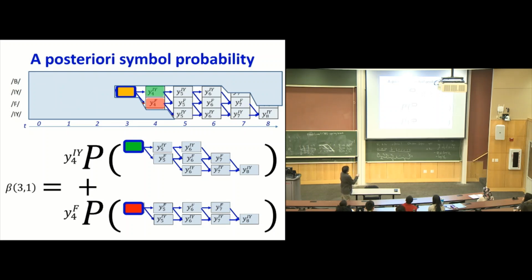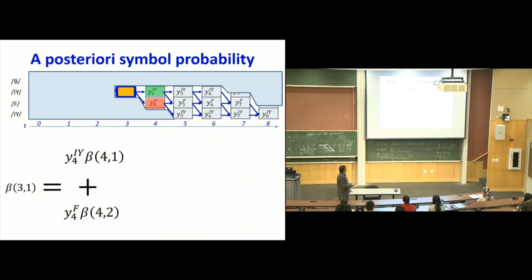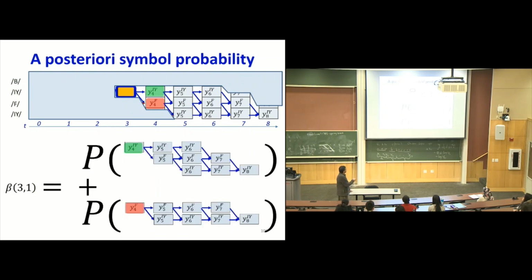I can pull this probability out like so, because remember, the total probability of this subgraph is going to be the probability of this node times everything that follows. So also the total probability of this subgraph is the probability of this node times everything that follows. Because this probability is common, I can pull it out like so.